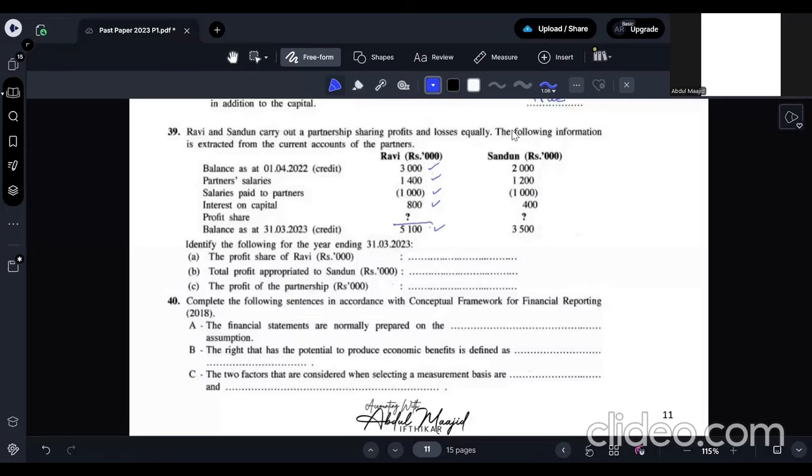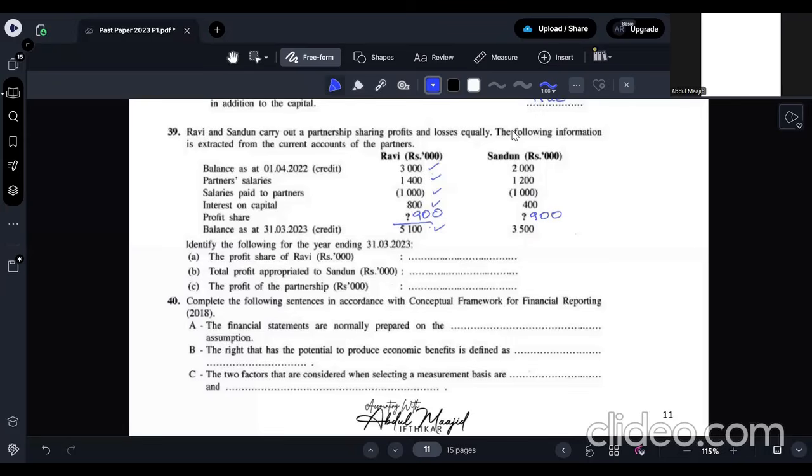You can reverse 5,100 minus 800, then minus 1,000 will be plus 1,000, minus 1,400 minus 3,000. The profit share of Ravi will be 900. Now here, Ravi and Sandhu are carrying out the partnership business by sharing profit or loss equally, right? And Sandhu also, you don't have to reverse and find again. That will be 900. Okay.